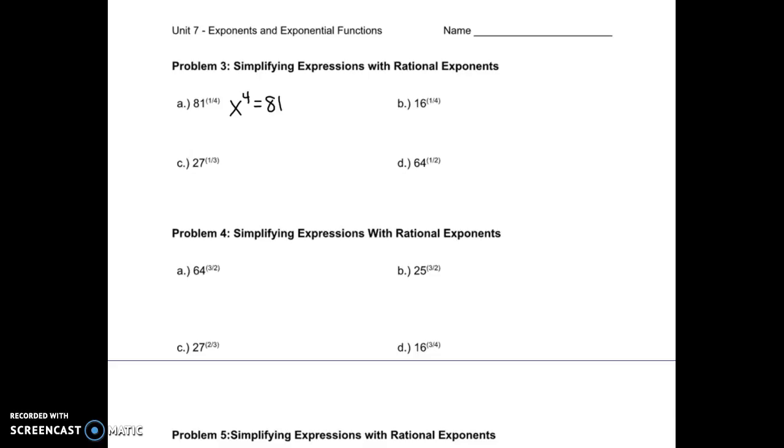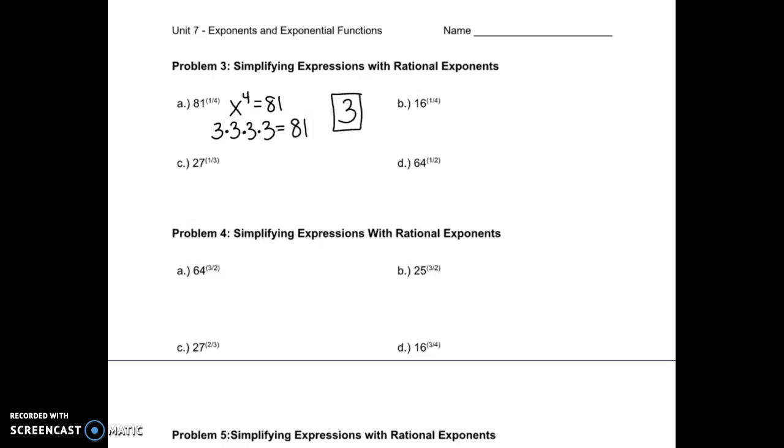So we might have to do a little bit of guess and check here. So we know it's 3 times 3 times 3 times 3. So 3 times 3 is 9, times 3 is 27, times 3 is 81. So if 3 times 3 times 3 times 3 is 81, that means 81 to the 1/4 power is 3.